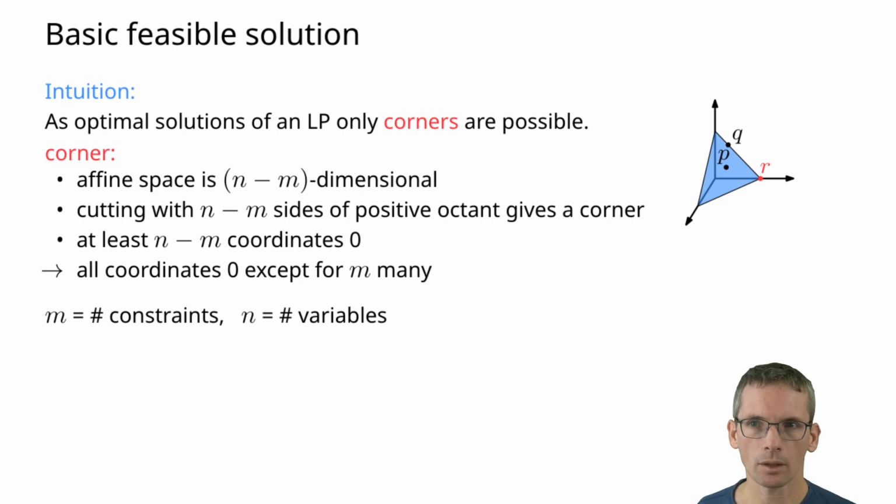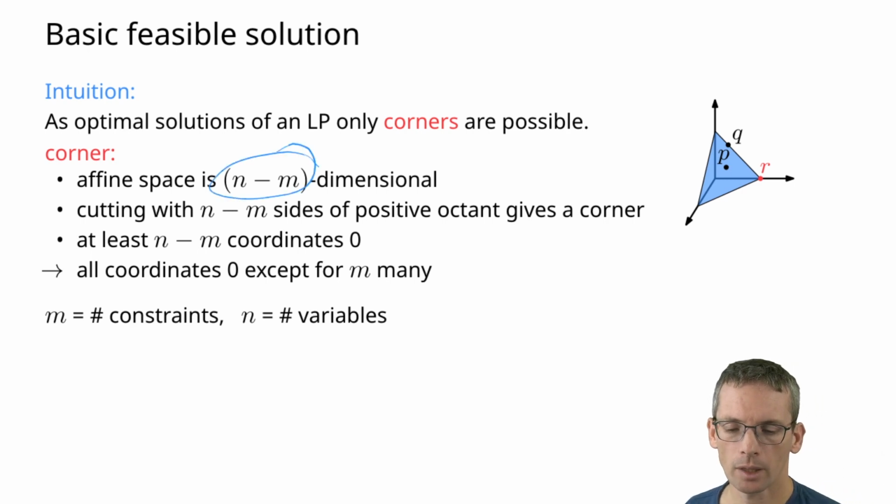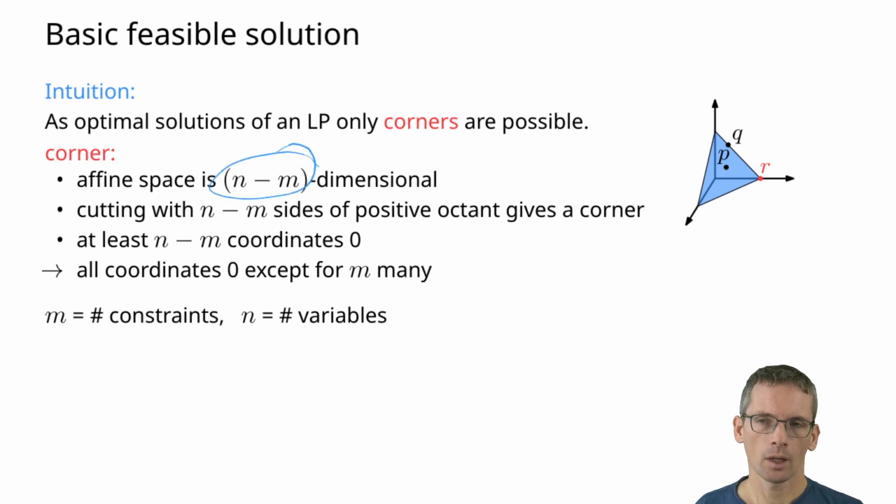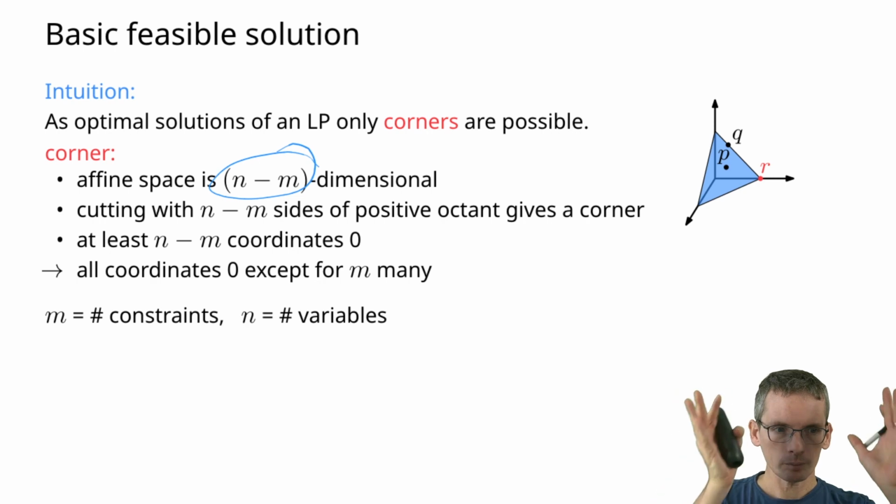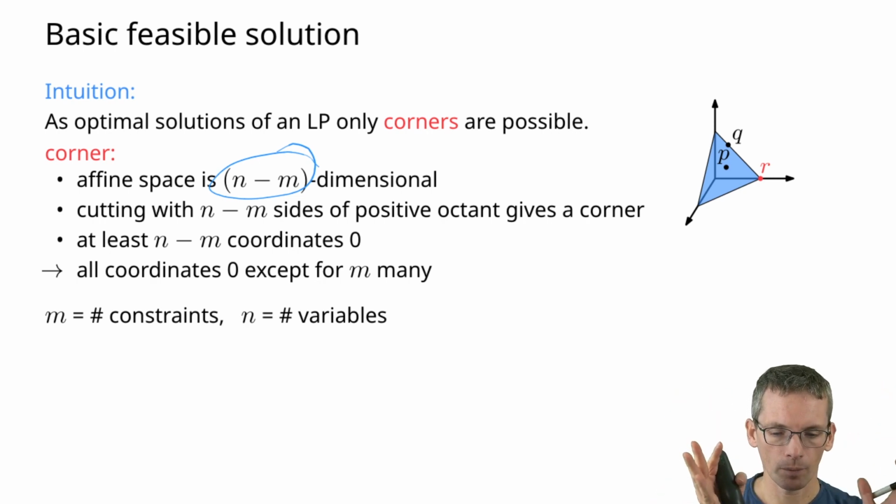If we have m equations, then the affine subspace we're looking at is n minus m dimensional. Now the solution space is this n minus m dimensional space intersected with the positive octant.